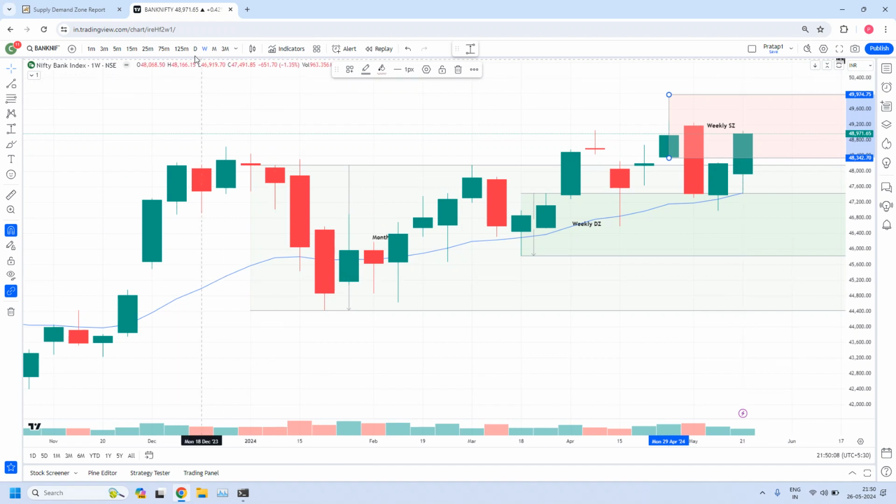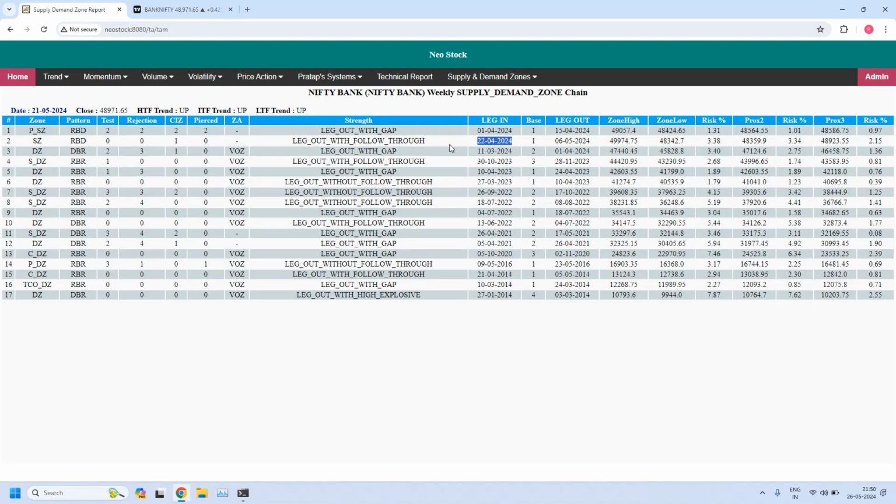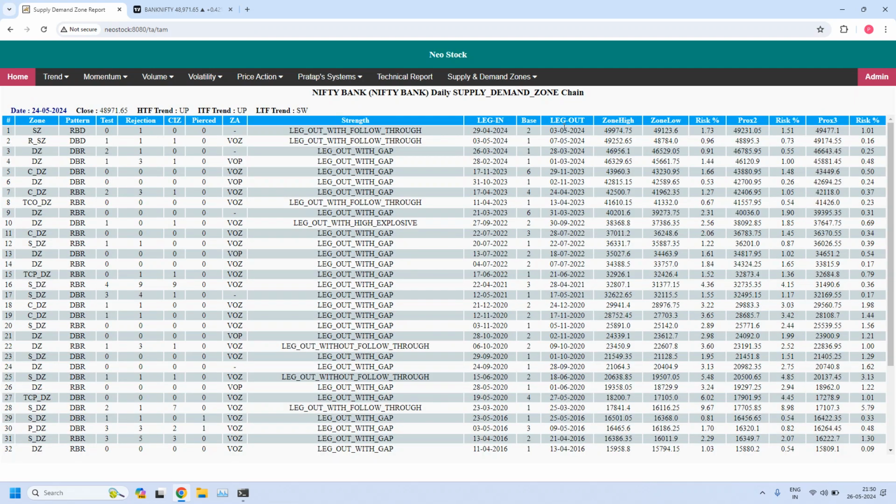Now let's move on to the daily time frame, and let us generate the daily zones. So I'm going back and changing the time frame to daily, and generating the daily supply demand zone chain for Nifty, Bank Nifty. Okay, now the supply demand zone chain is ready.